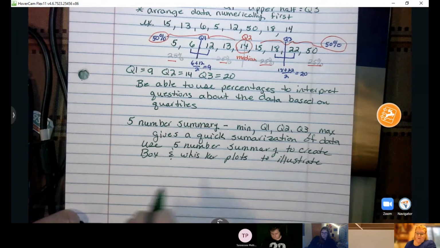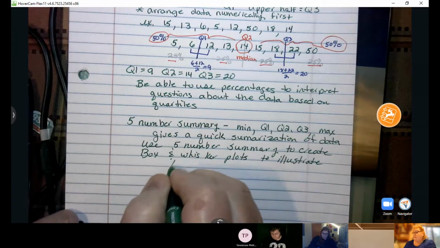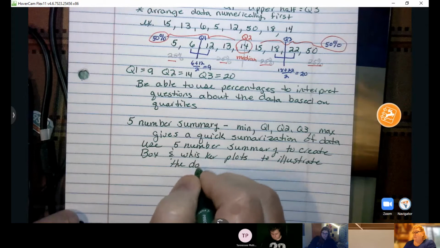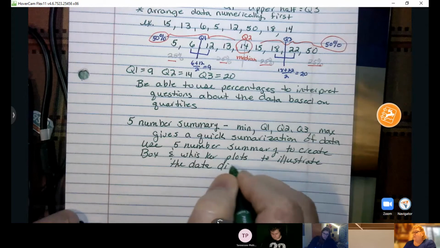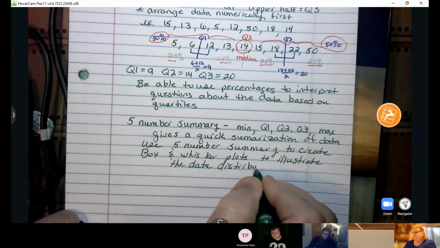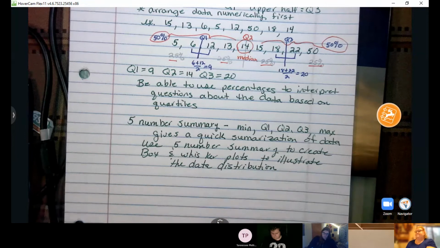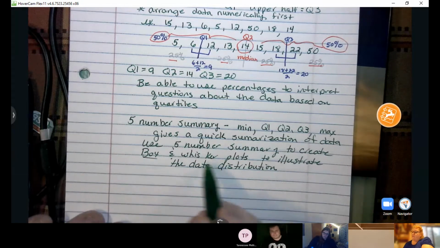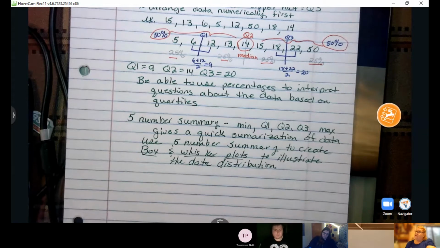And that's to illustrate the data distribution. A box and whisker plot is a relatively new invention in the world of statistics. It's only been around about 100 years, where a lot of things have been around hundreds and thousands of years. The box and whisker plot hasn't been around that long.